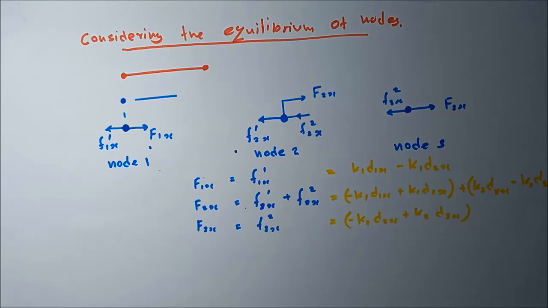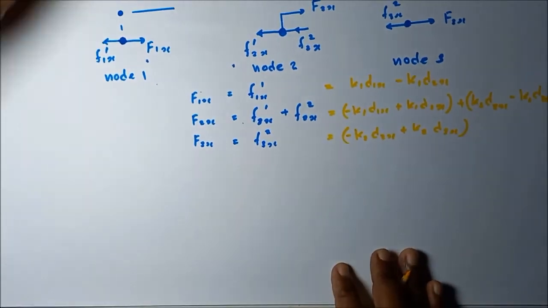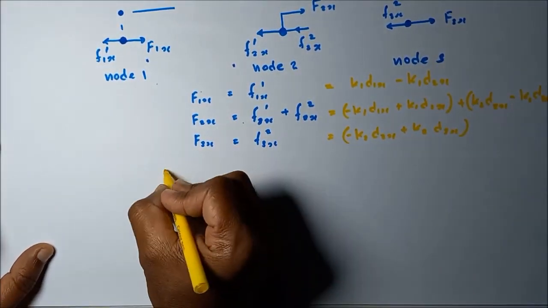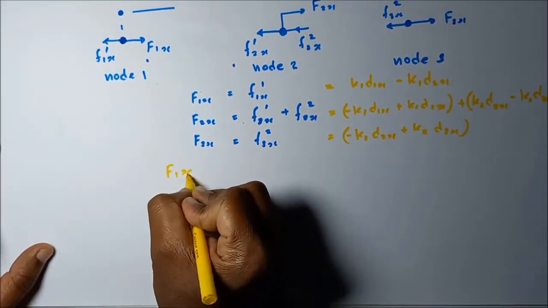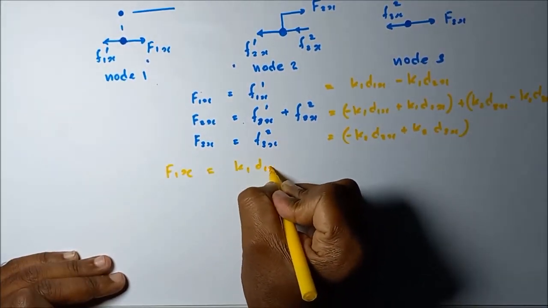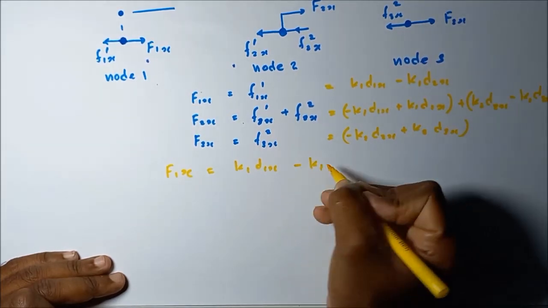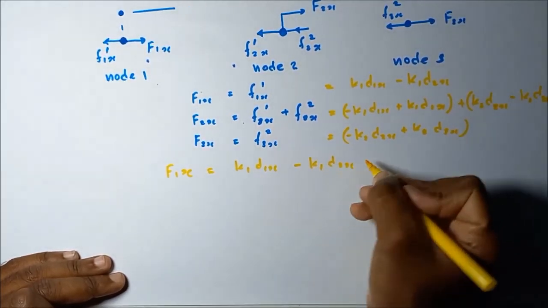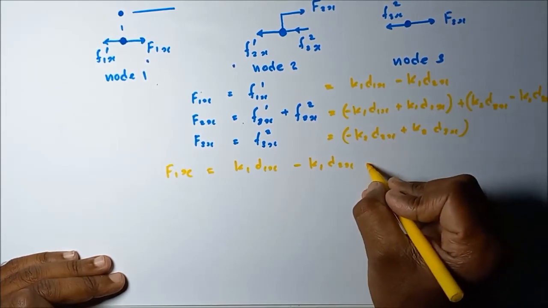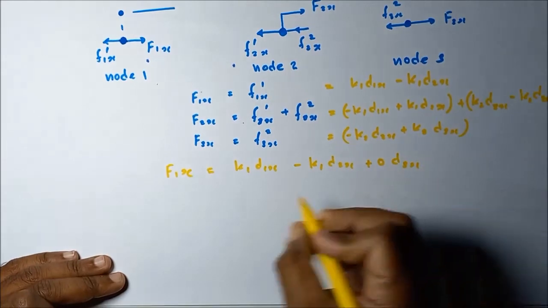These three equations I will rearrange by simplifying. F1x is equal to k1 d1x minus k1 d2x, there are no d3x terms, so I will also include that one, 0 d3x.